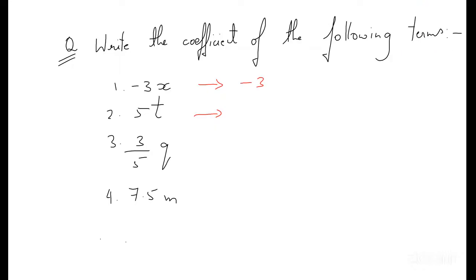Very good. Emma, third one. 3/5. Very good. And then we have Anna left. Abraham, fourth one. 7.5.